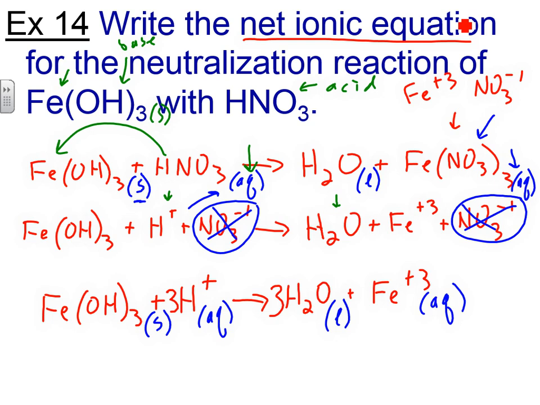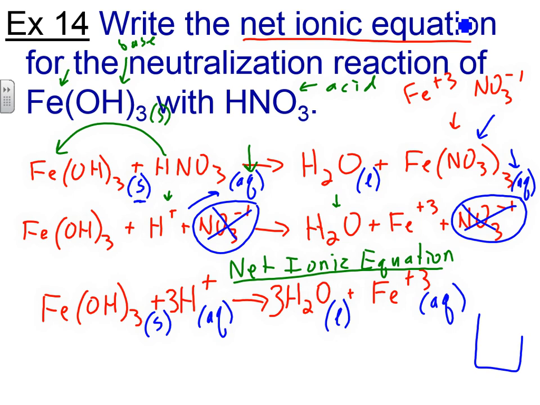Notice this net ionic equation is not simply hydrogen plus hydroxide to give you water. We retain some other compounds. So in reality, if you were to see this reaction in a beaker, the whole point of a net ionic equation is you're representing what truly happens in the beaker. What you would see is you would see iron 3 plus ions swimming around afterwards.